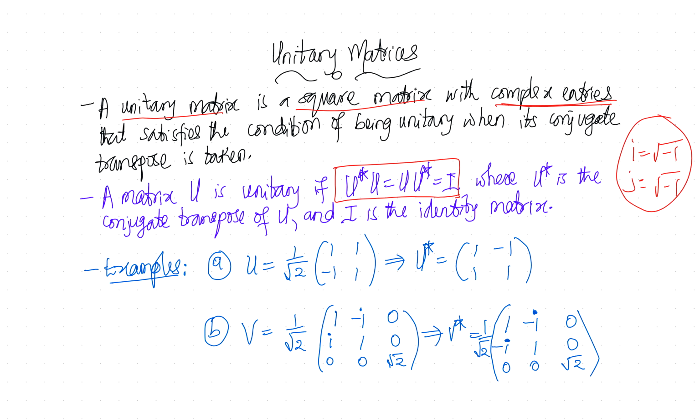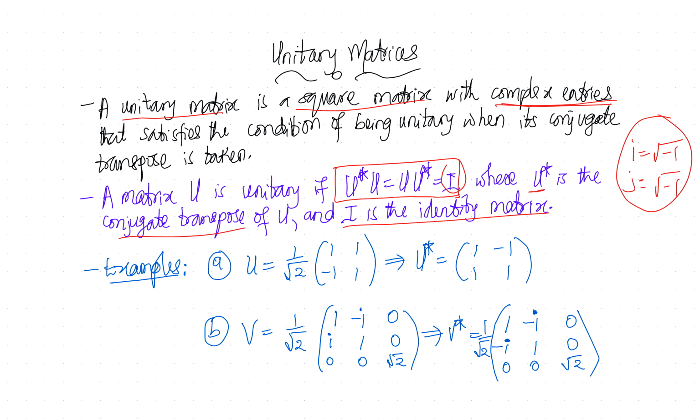So a unitary matrix is a square matrix with complex entries that satisfies the condition of being unitary when its conjugate transpose is taken. In that case, a matrix U is unitary if the conjugate transpose U star multiplied by U equals the unit matrix, where U star is the conjugate transpose of U, and I is the identity matrix, like we've always known.